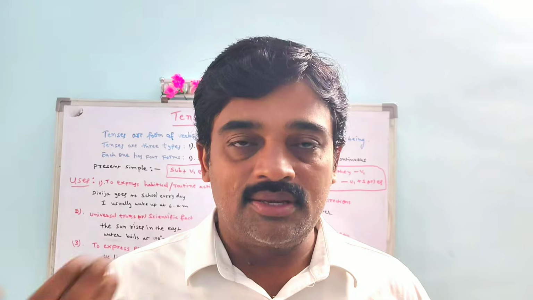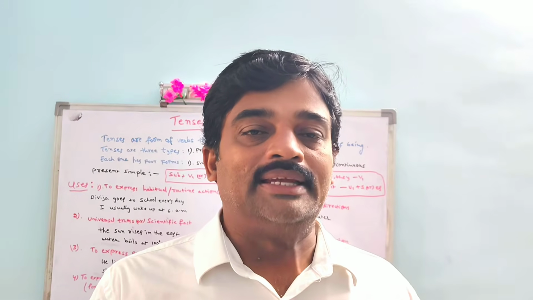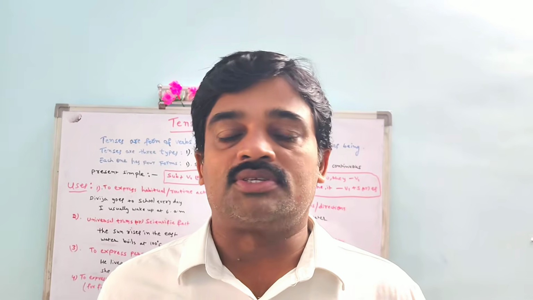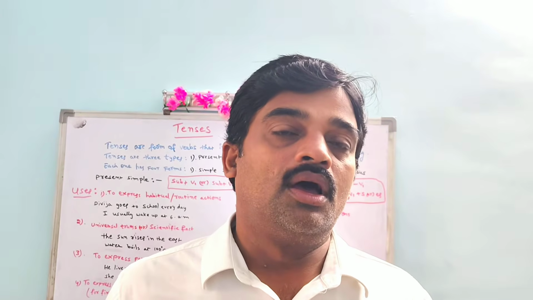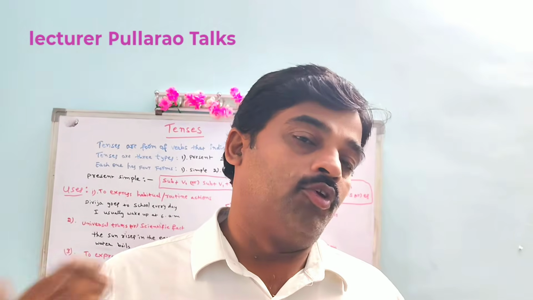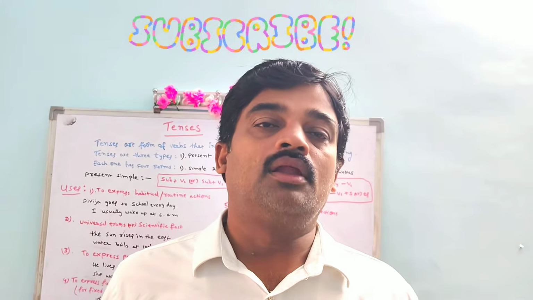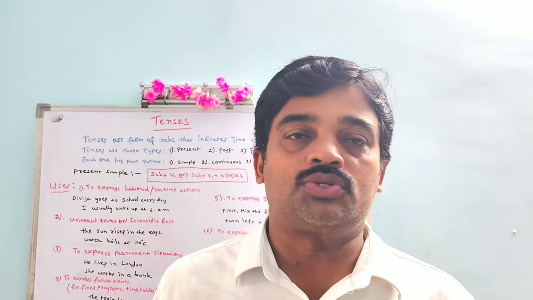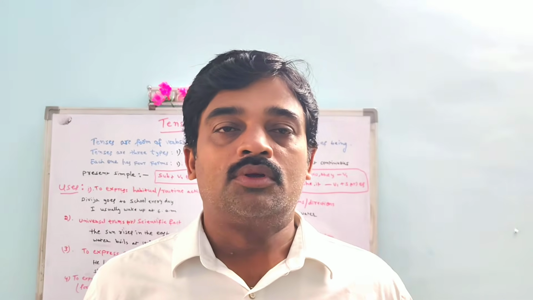That is tenses. As you know, we have three types of tenses: present tense, past tense, and future tense. Each one again has four forms: simple, continuous, perfect, and perfect continuous. So this is the classification of tenses.